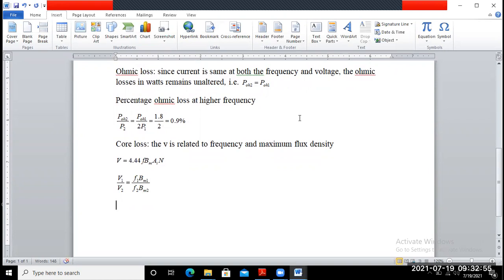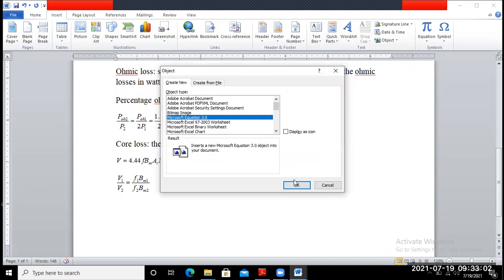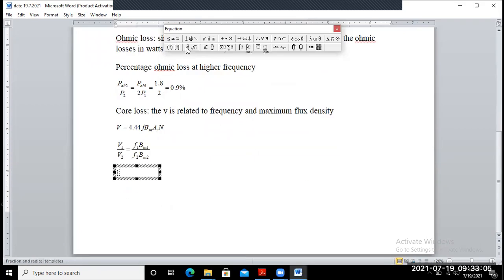V1 equal to 11,000 and V2 equal to 22,000. f1 equal to 25 hertz and f2 is given as 50 hertz.